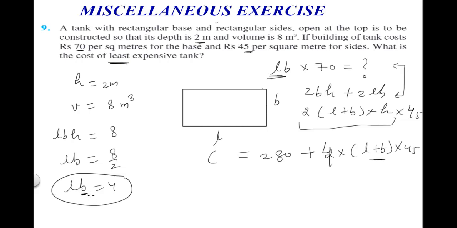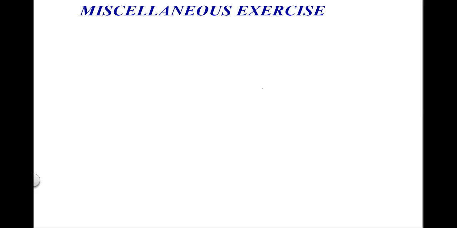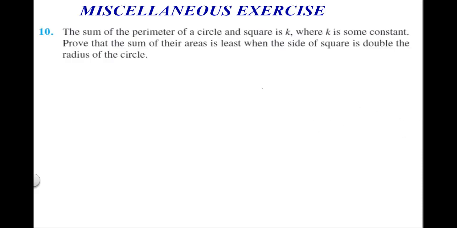From here just calculate either l or b in terms of the other. Put that here and differentiate this cost function with respect to either l or b. Correct? And then you can definitely find out the least cost. You know the procedure. Second order derivative is to be proved as greater than 0. Clear? So this is what you are going to do. Now I am going to give you hints of some questions, like question number 10. This was a classwork question.